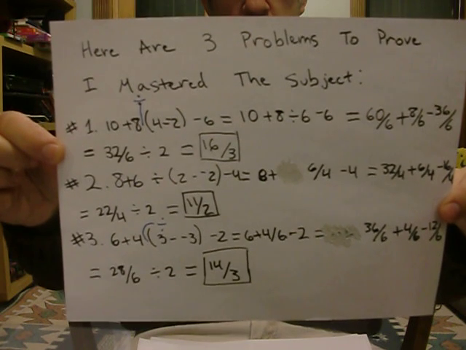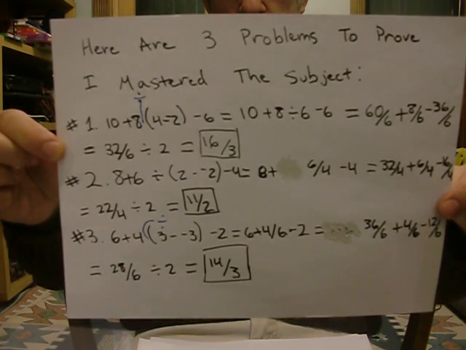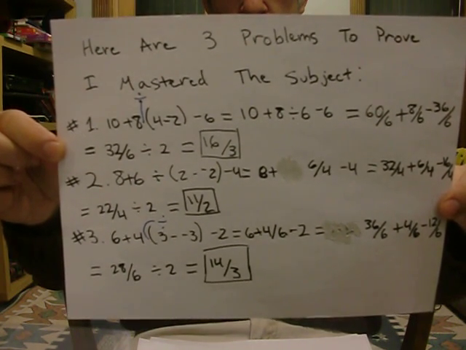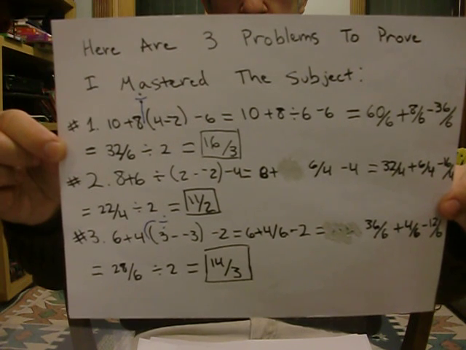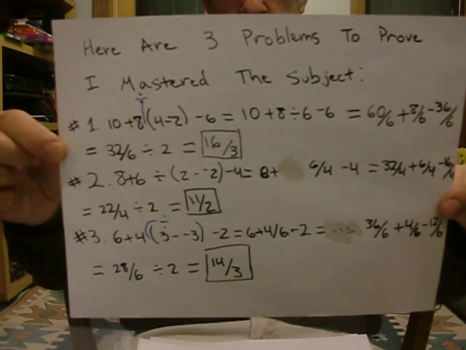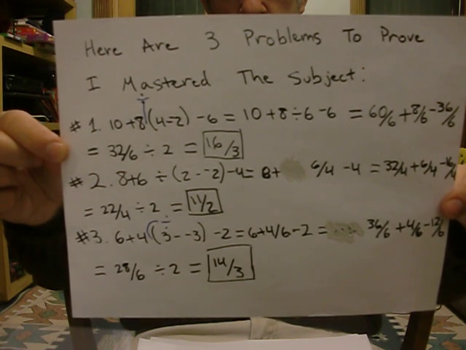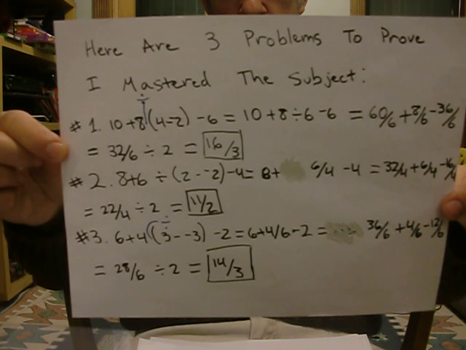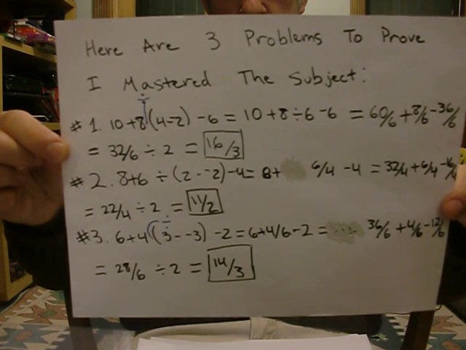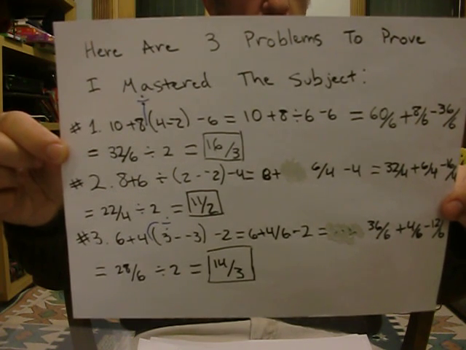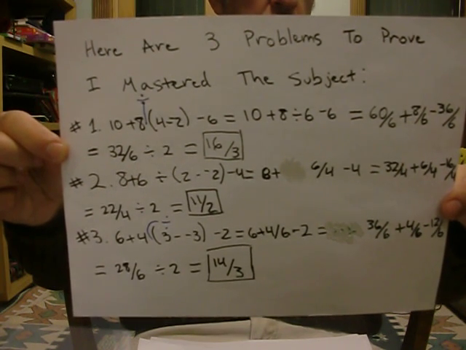Here are 3 problems to prove I mastered the subject. Number 1. 10 plus 8 divided by, open parentheses, 4 minus negative 2, close parentheses, minus 6 equals 10 plus 8 divided by 6 minus 6. We find a common denominator, which is 6.